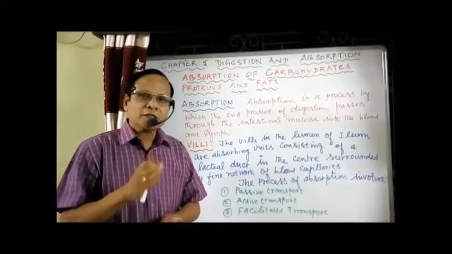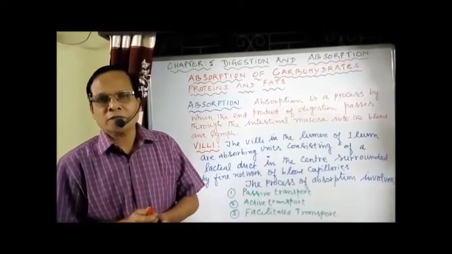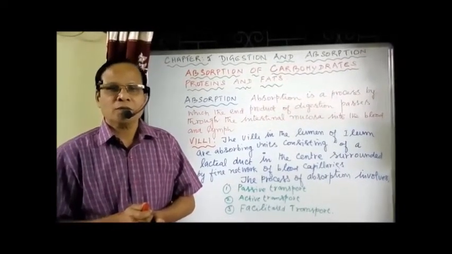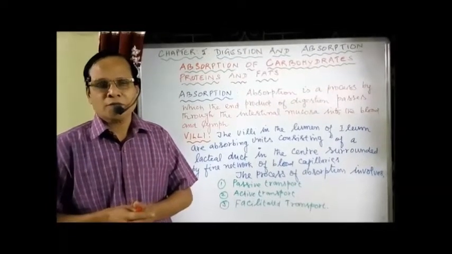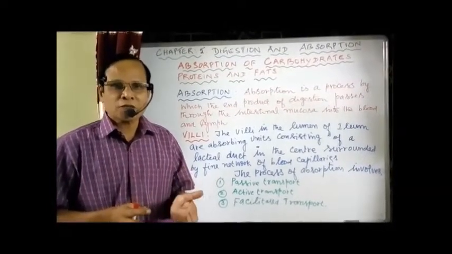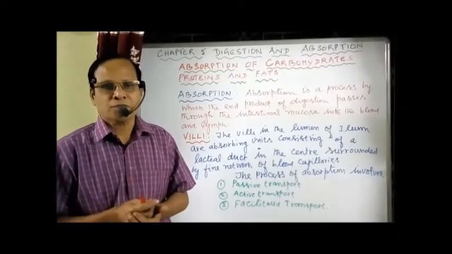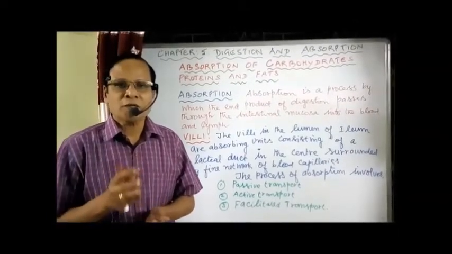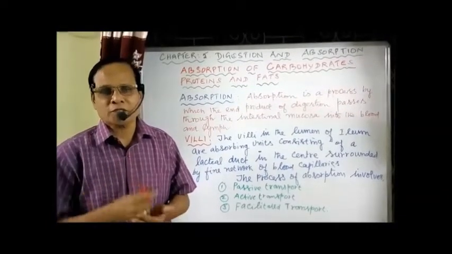Now the various activities of the digestive system are under nervous and hormonal control for the coordination of the different organs. For example, the gastric juice as well as intestinal juice secretions are normally stimulated by nervous control. That is, the presence of food stimulates the gastric juice.